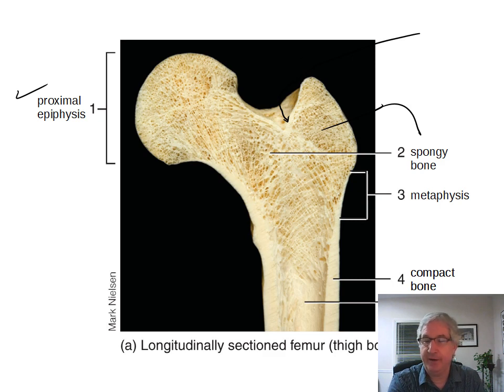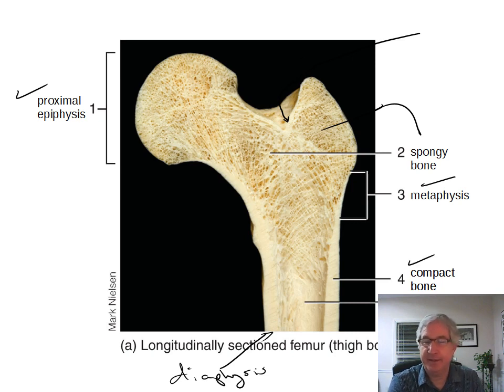And then you have on the outside, as you get down the diaphysis region. So here's the metaphysis. You have the epiphysis, and then down here is the diaphysis region. Between those two is the metaphysis, and you see that the diaphysis region has a much thicker compact bone region.